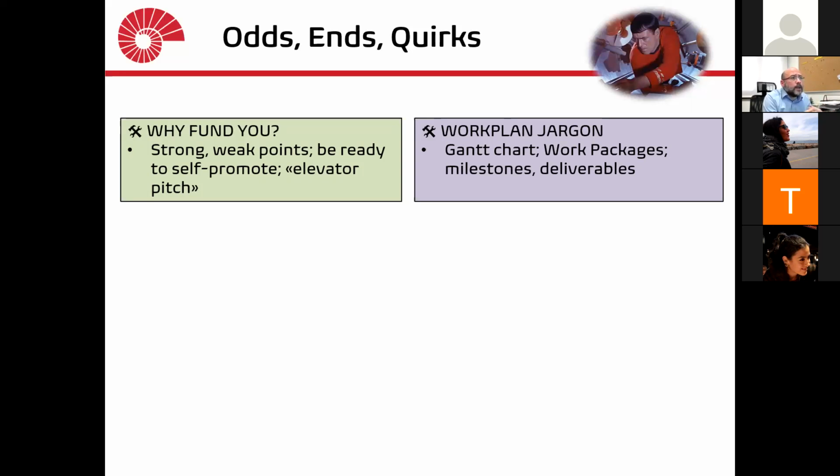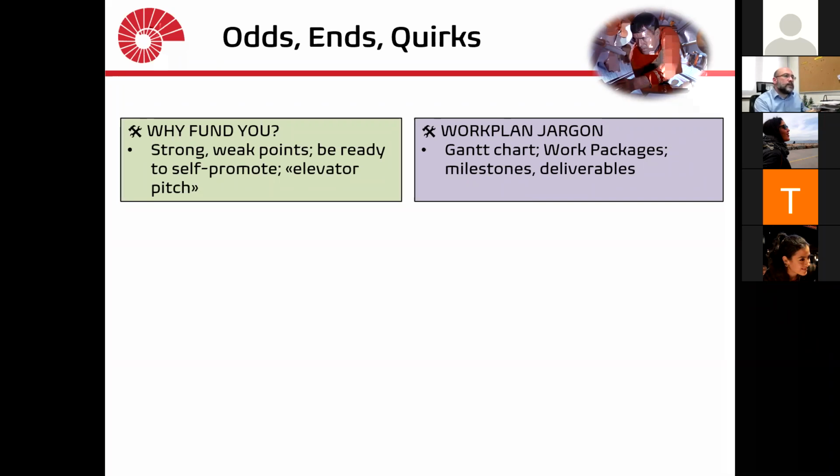Some people might be reluctant to self-promote, but in a grant proposal, you have to sell the idea, and you have to sell the point that you are the person that is going to implement this perfectly, better than other candidates. So you have to learn self-promotion in a grant proposal at least.